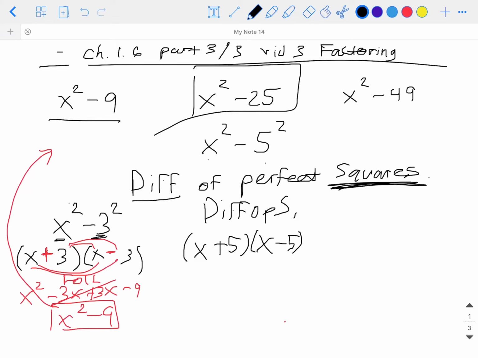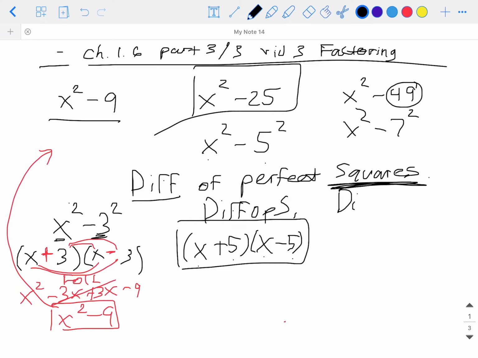So x and 5 are copied to both parentheses, separated by a plus and a minus sign. The same thing goes for x² minus 49. We've got x² minus 7², since 49 can be expressed as 7 to the second power. And since this is a difference of perfect squares, I can rewrite it as (x plus 7) and (x minus 7).